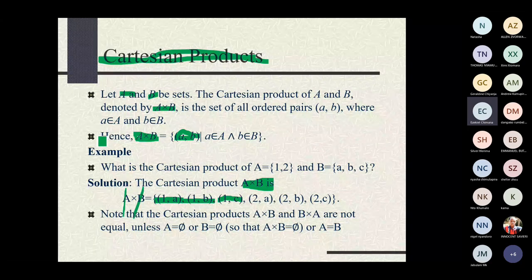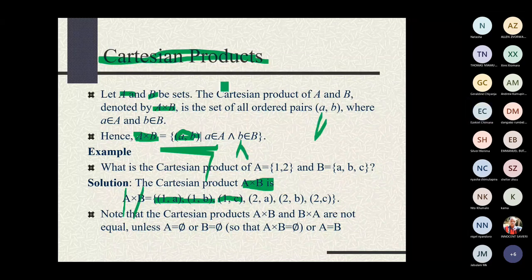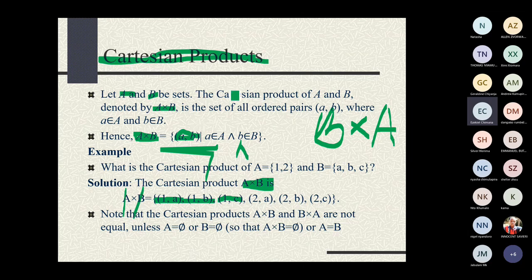If we take B cross A, it is not equal to A cross B, in the sense that we will actually be starting with different elements, like A1, A2, B1, B2, C1, C2, something like that. So it will be totally different from A cross B.